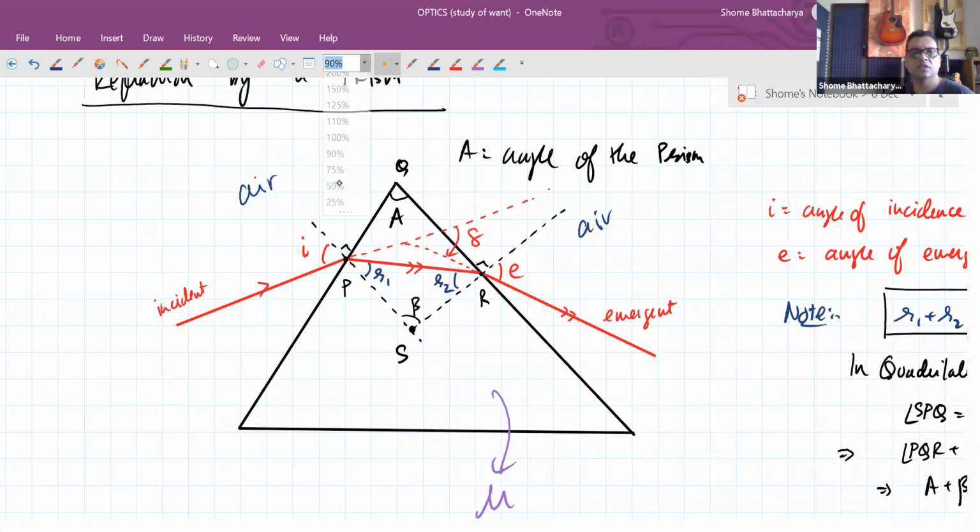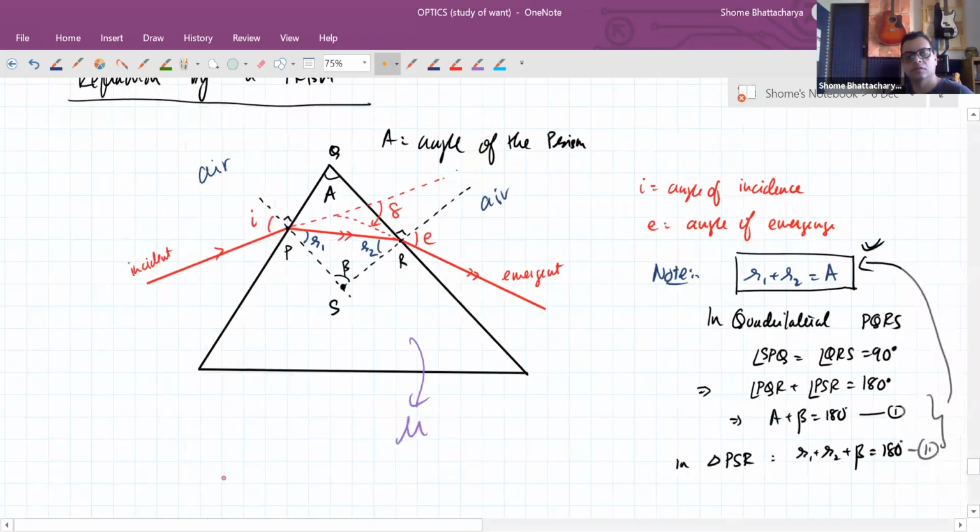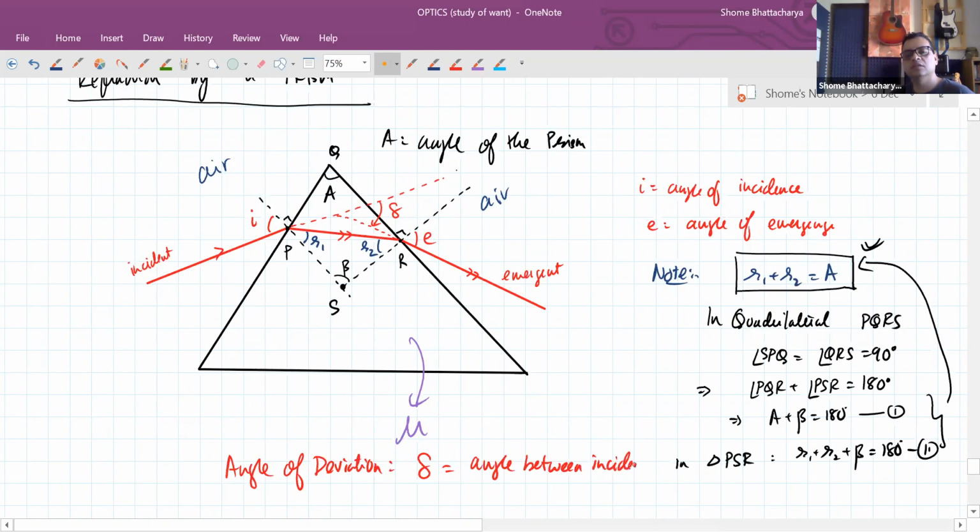So this delta is called the angle of deviation, that is, the angle between the incident ray and the emergent ray.